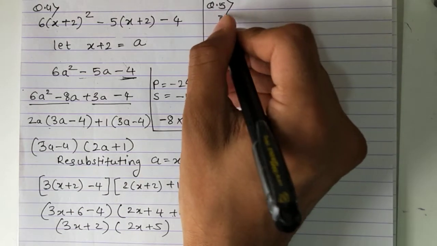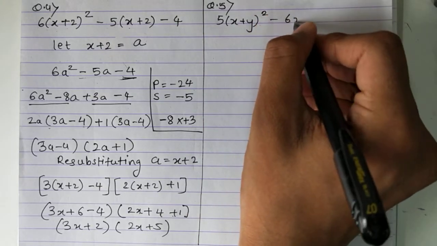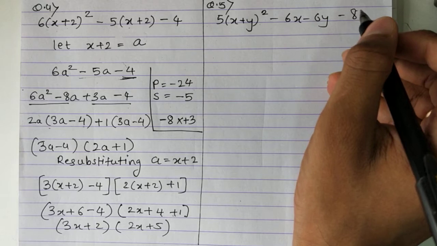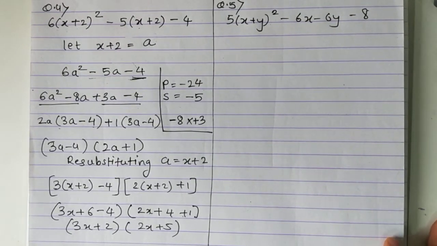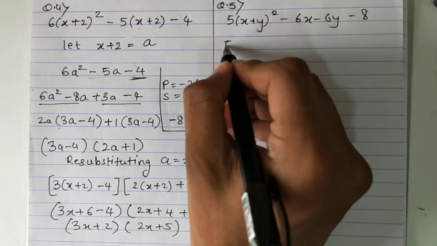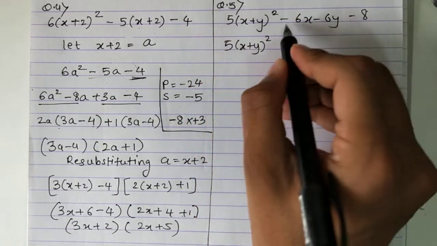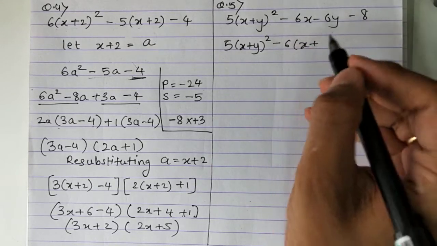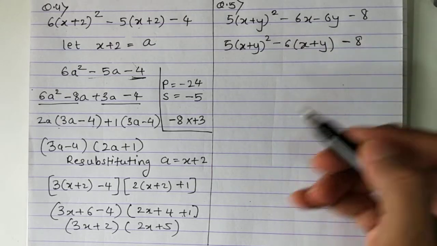Now question 5 is very easy. Exactly same. The first step I'll do it for you, but the remaining steps I want you to try on your own. Here you have to take minus 6 common. So this minus sign will become plus because you have taken minus sign common. x plus y minus 8.